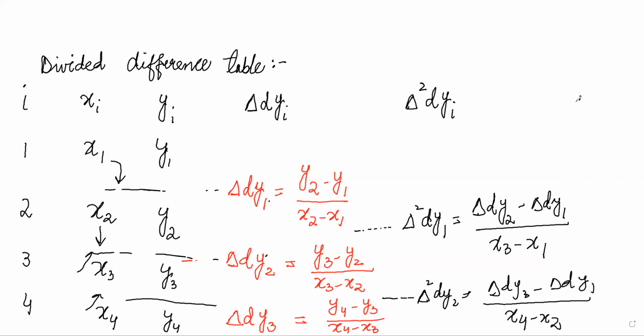So we can write delta 3d y1 in between of these, that is delta 2d y2 minus delta 2d y1 divided by, you see, if you take these two terms, this term delta 2d y is after x1 and this is before x4, so this will be x4 minus x1. So this is how we draw the divided difference table.